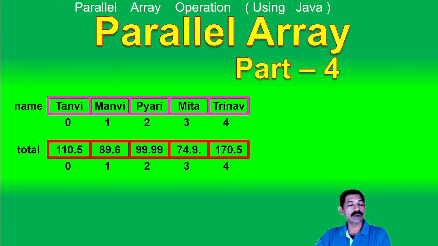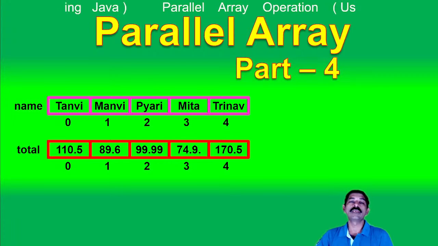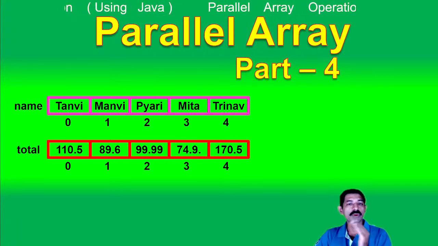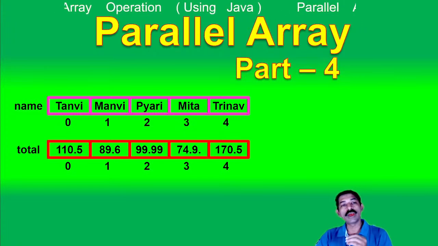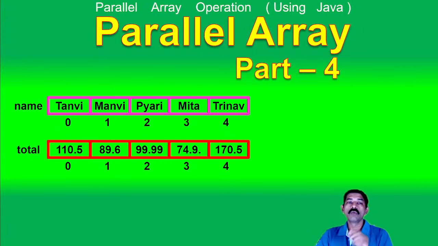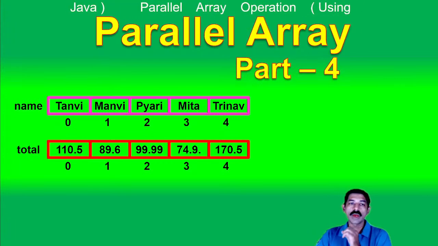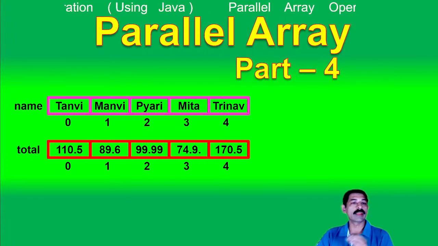But in the last class, we learned that the index positions were not matching. In the previous live program, we did how we store the data in an array and retrieve some of the elements from the original array and store them in another array.